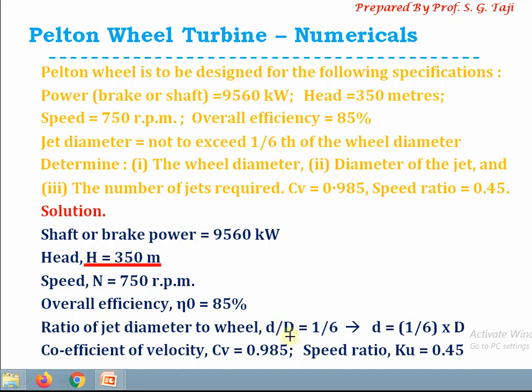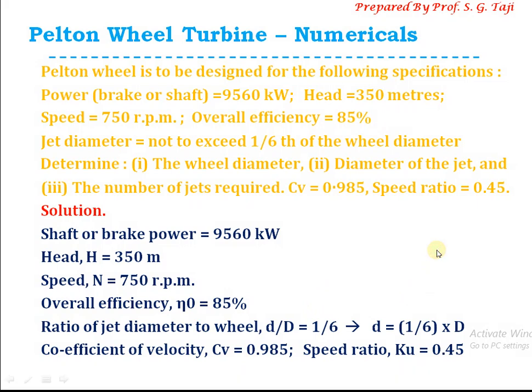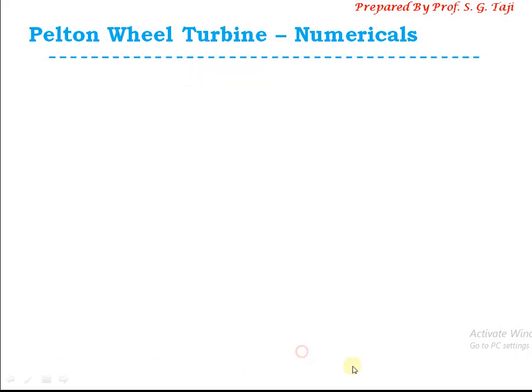a ratio of jet diameter to wheel diameter, small d upon capital D, is 1/6, coefficient of velocity is given as Cv 0.985, and speed ratio is given as Ku. Now whenever in the numerical Cv and Ku are mentioned, the first and foremost thing you should calculate is V1 and U, which you can calculate using Cv and Ku.